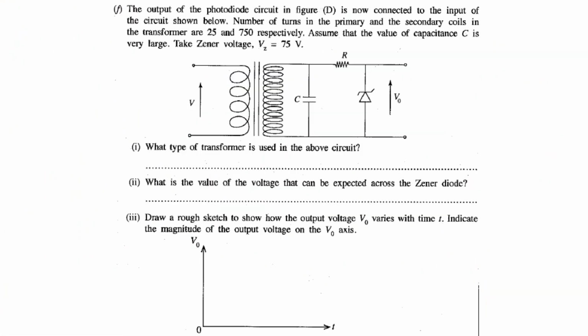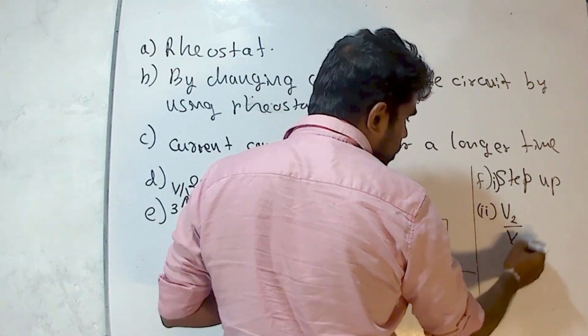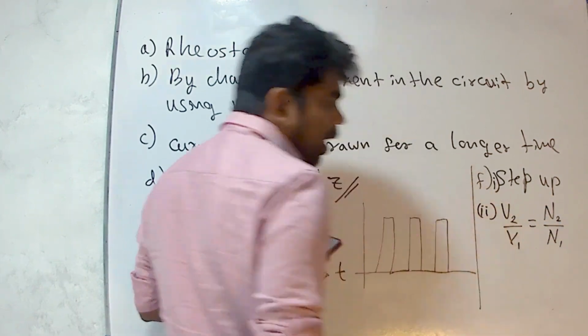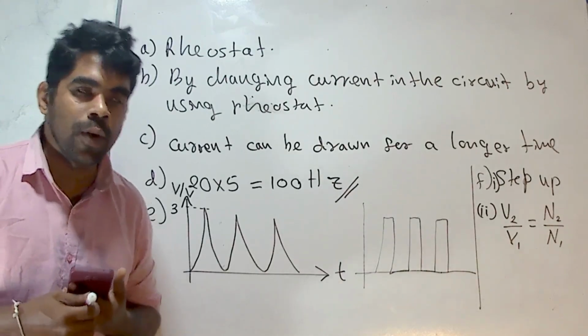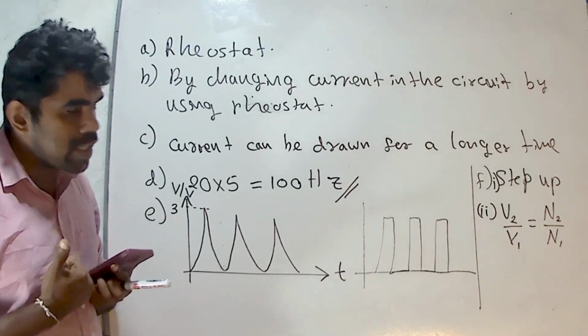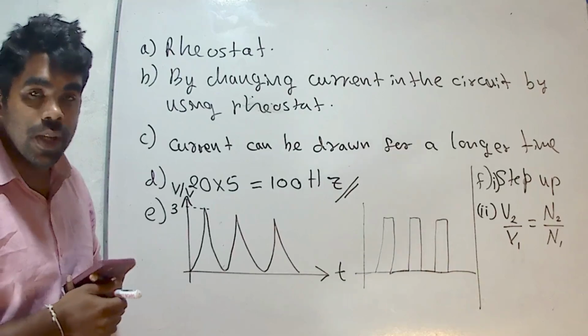Part 2. What is the value of the voltage that can be expected across the Zener diode? We can write V2 over V1 equals N2 over N1. N means number of turns. N2 is the number of turns in the secondary coil. N1 is the number of turns in the primary coil. V2 is the voltage in the secondary coil. V1 is the voltage in the primary coil.